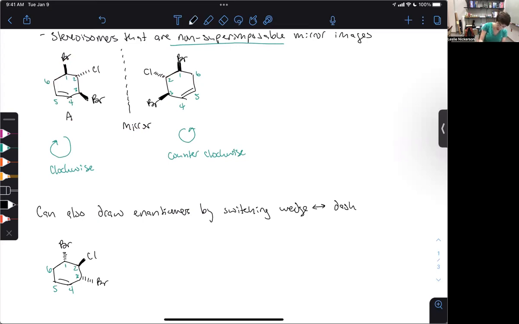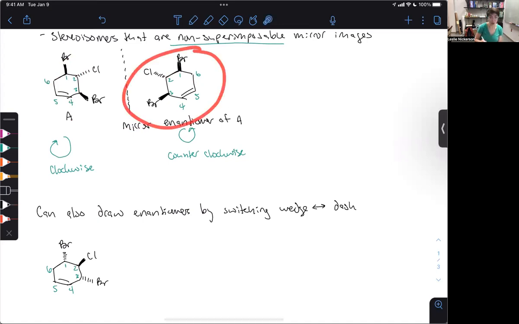So if we look at the enantiomer of A over here, this kind of comes into checking to see if we actually have enantiomers in the first place. I'm going to show you the models in a second, but I'm going to show you how to do it on paper as well.